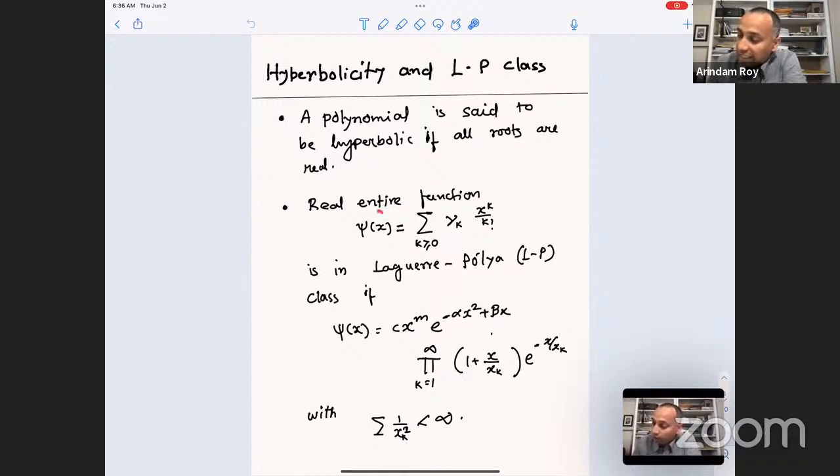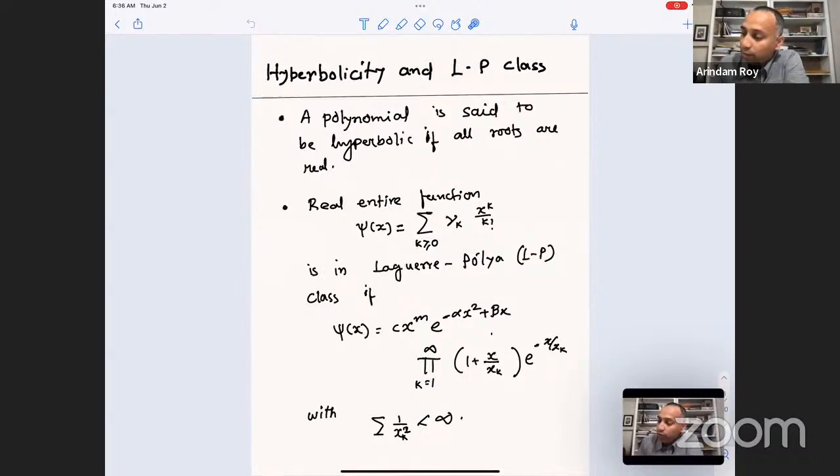We call this entire function psi x in the Laguerre-Polya class, or LP class for short, if psi x has a Hadamard product form: a constant c times x to the power m times e to the power minus alpha x squared plus beta x, times an infinite product with the sequence x k satisfying a convergence condition.